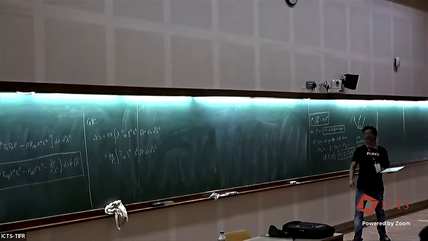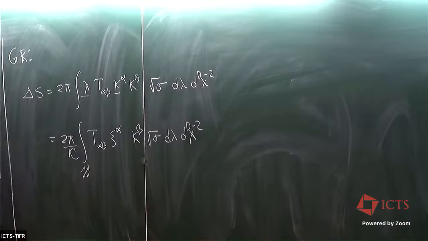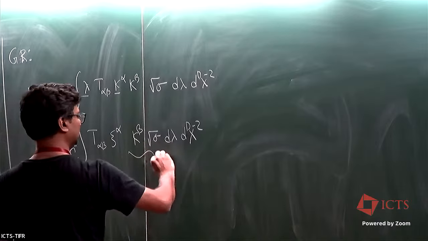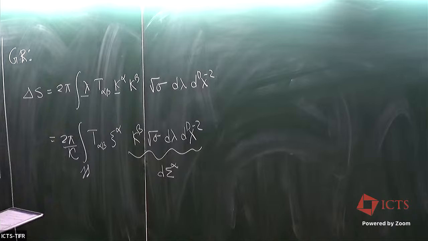Again, I can take kappa outside because I have already proven this integration is on the horizon. Everywhere kappa is a constant, because I'm using a bifurcate Killing horizon. Clear? Now let's interpret this. What is this object? This is nothing but the area element on the horizon.